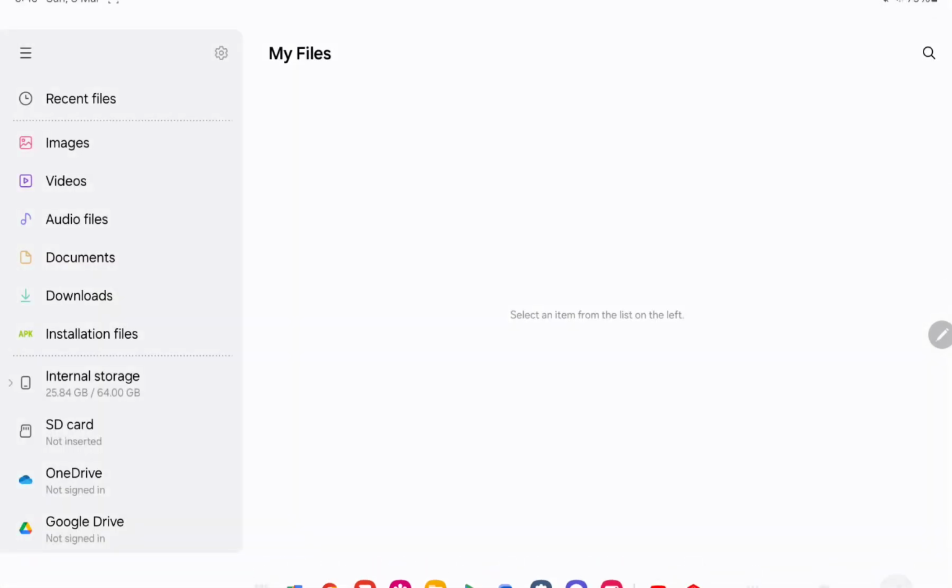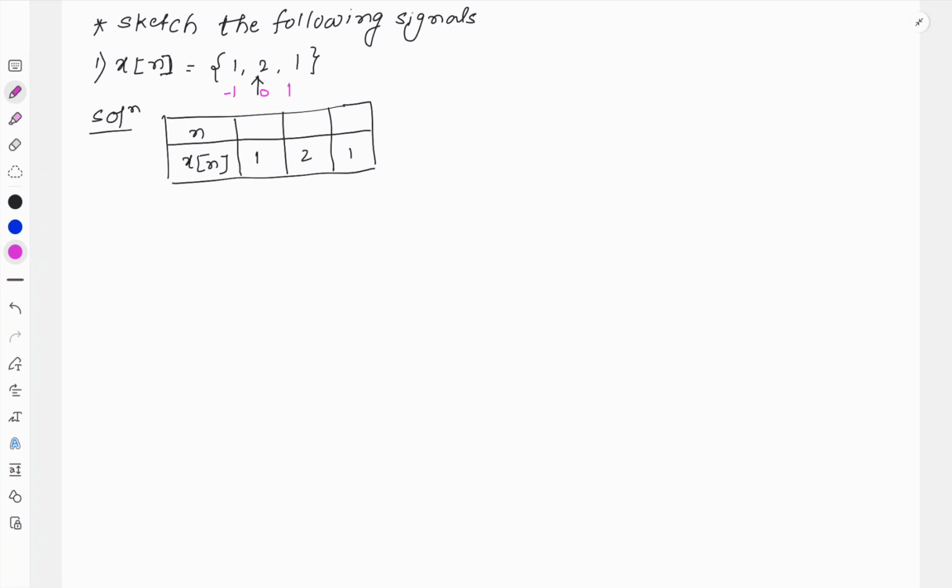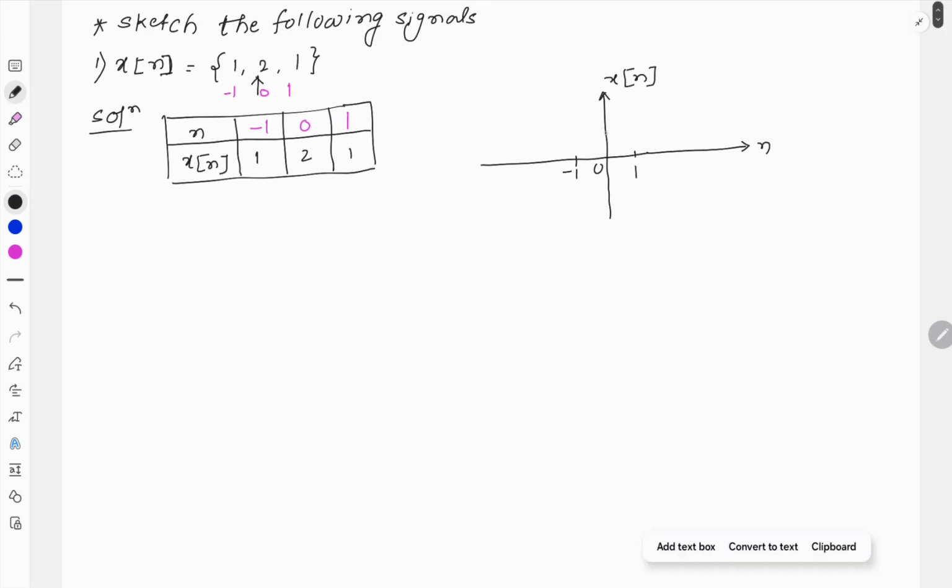Therefore, if you look at the value of n in this table, we will have -1, 0 and 1, and we will be drawing this signal at these corresponding indices. So we will have n versus x of n. Now the coordinates are -1, 0, 1 and the corresponding amplitudes 1, 2 and 1.